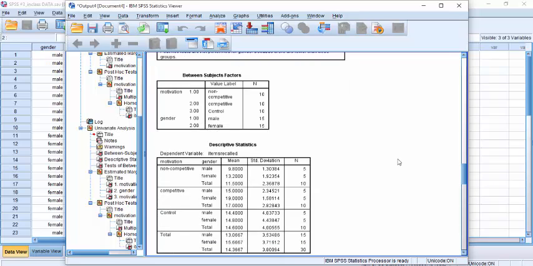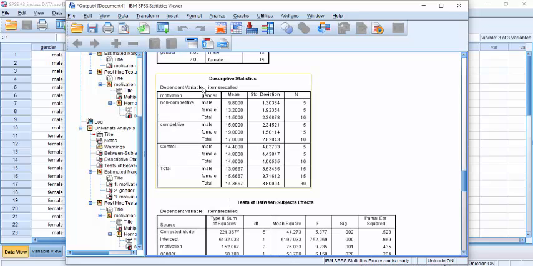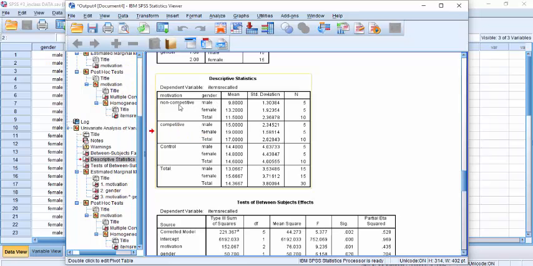Just like with the one-way ANOVA, it tells us our sample size for each of our independent variables. And we see the means for the DV for all of our independent variables and their groups. It also does the means by the interaction, in this case motivation times gender.